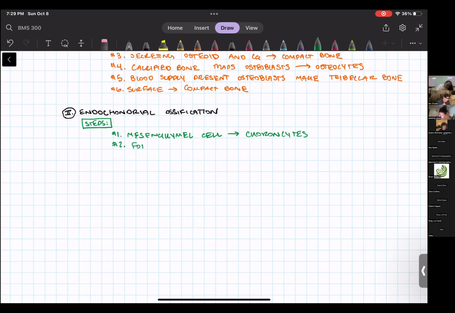So they form hyaline. Once that hyaline cartilage is formed, you are going to have some osteoblasts start to calcify the matrix, which will end in cell death of chondrocytes.